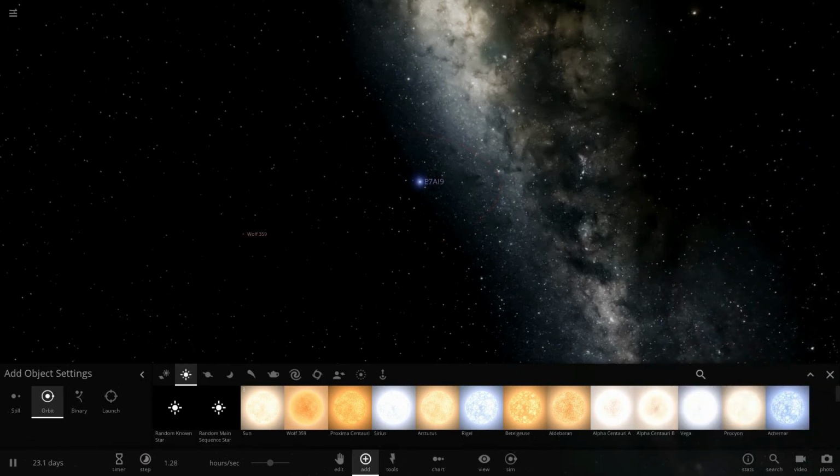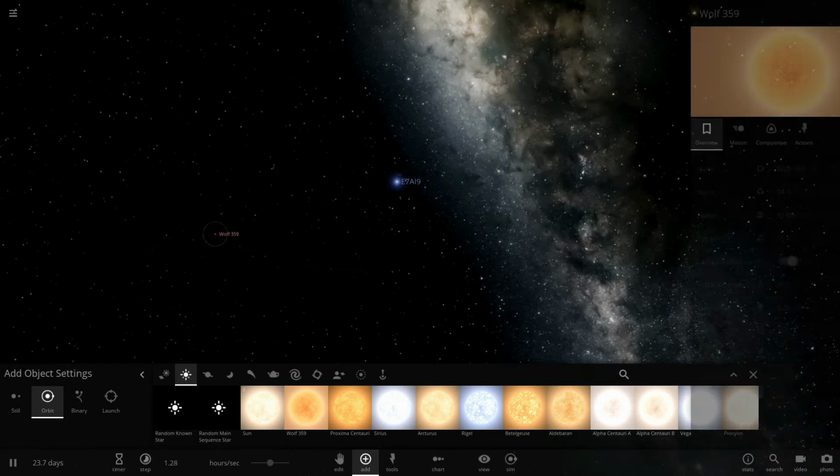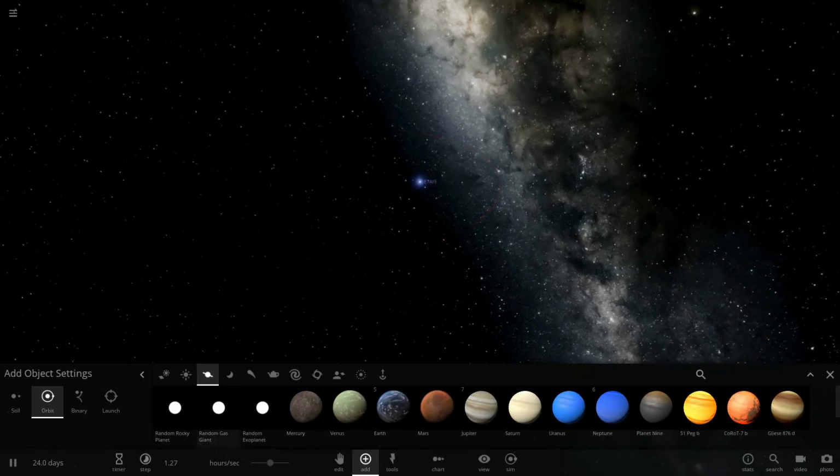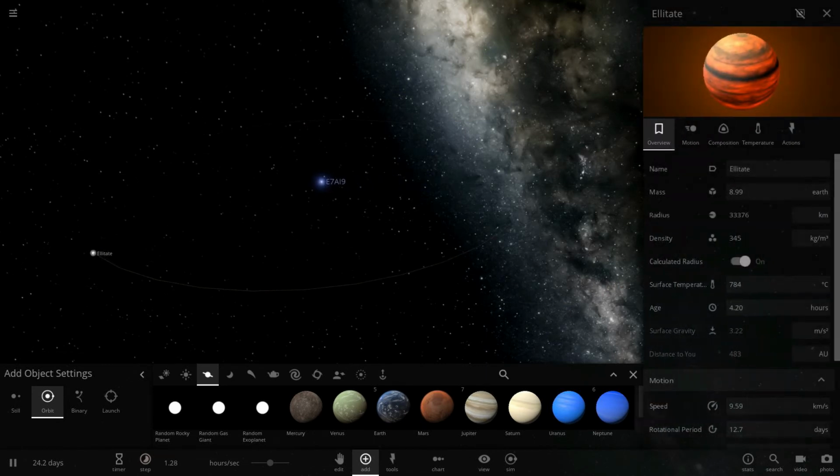What the hell is happening to that star? Look. It's burning. It is cooking alive. There's nothing. I can't even describe it. Okay, that is cooking. Only 784 degrees from like 200,000 astronomical units away.